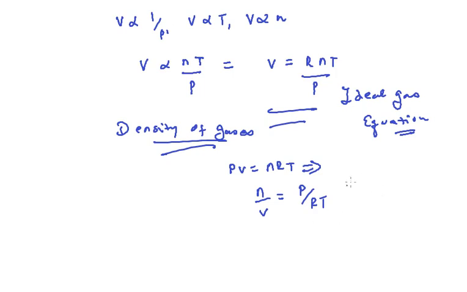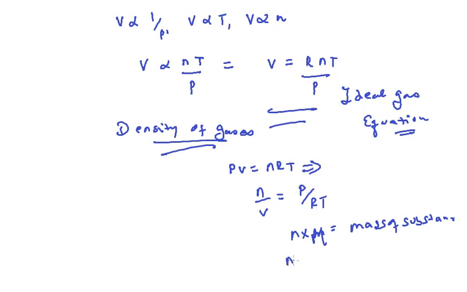So if you have n times M, which is a molecular mass, which gives you the mass of the substance, maybe I can use a big M to make it clear for you.